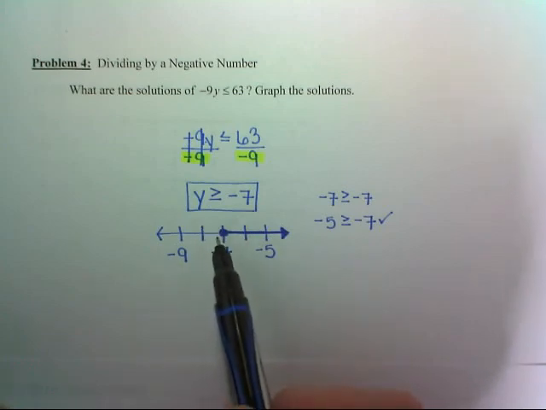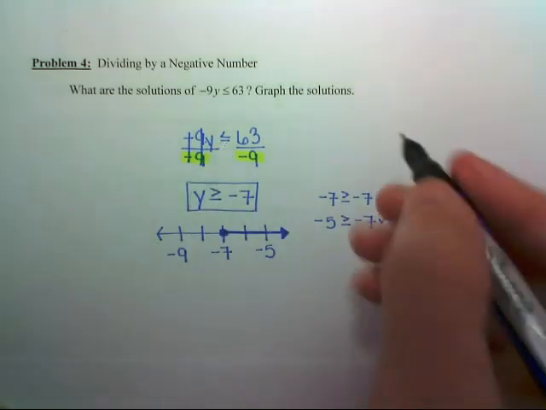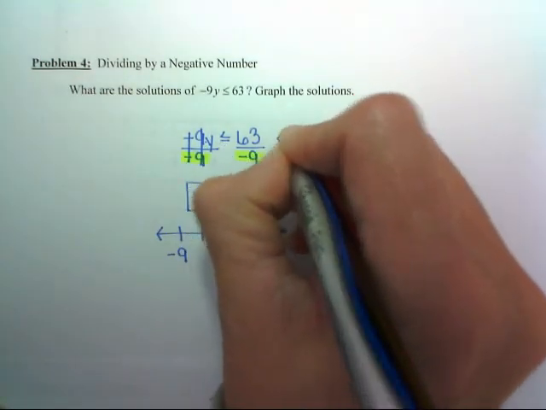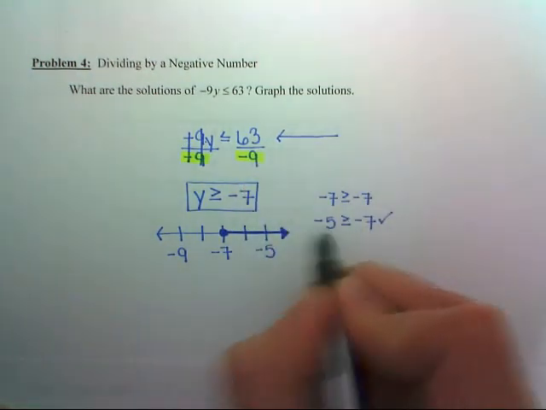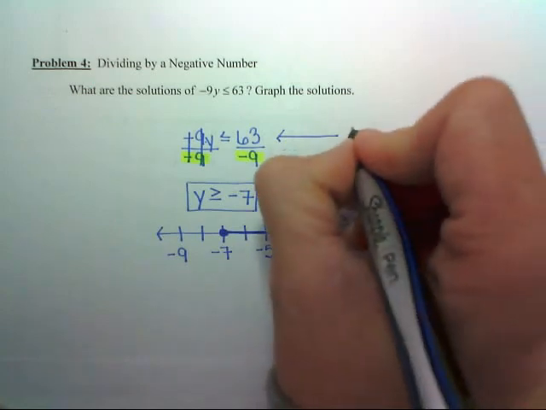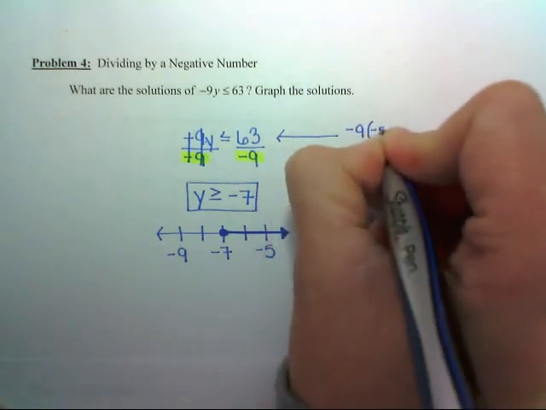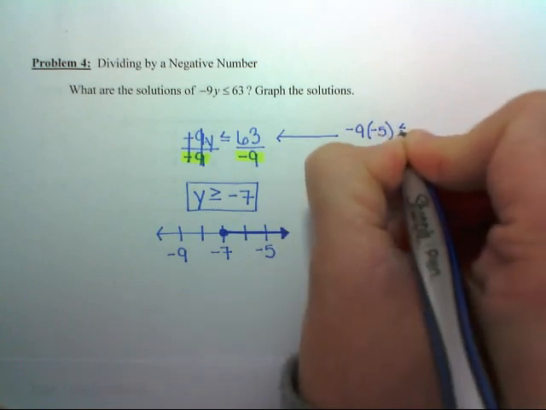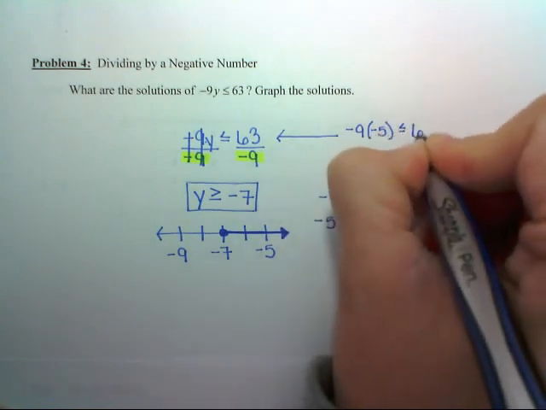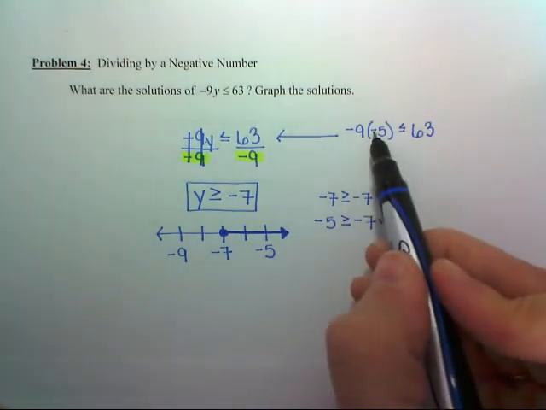However, if you were to take these numbers and plug them back into the original problem, and that's what I'm going to do, I'm going to show you that, the original problem. Let's try this -5. We said -5 works down here. Let's see if it still works up here. -9 times -5 less than or equal to 63. Well, what is a negative times a negative?